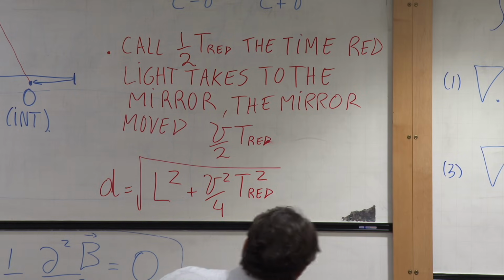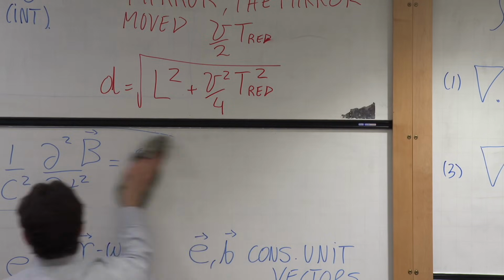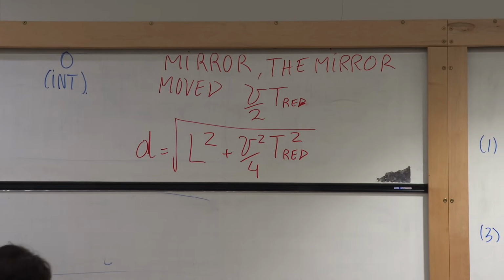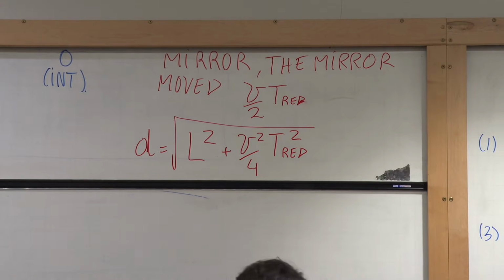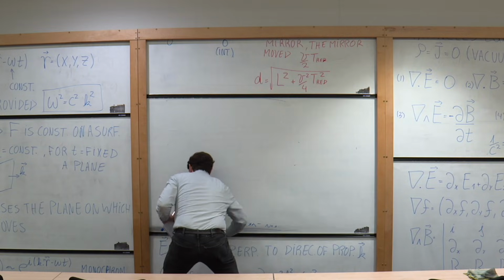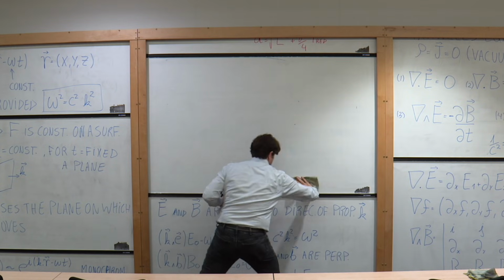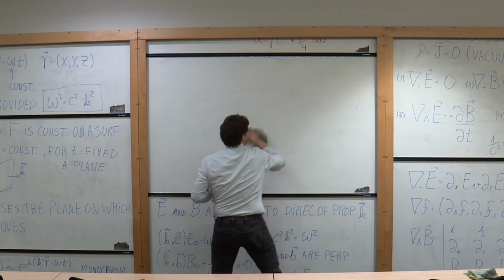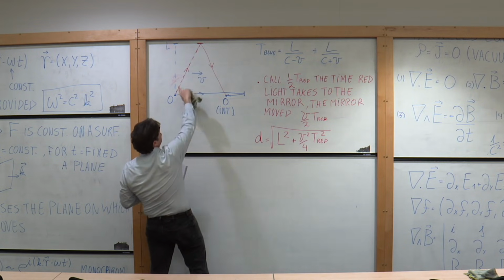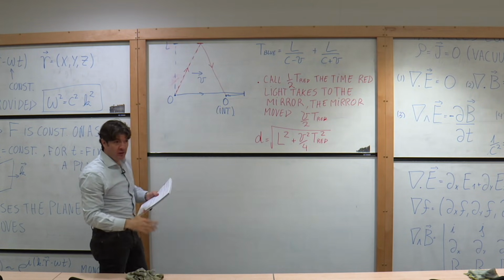But remember, by definition, the light makes twice that distance, so because the light has to go back and forth, all right?